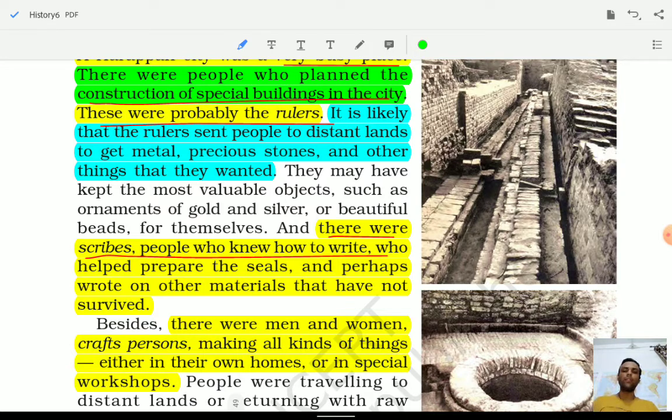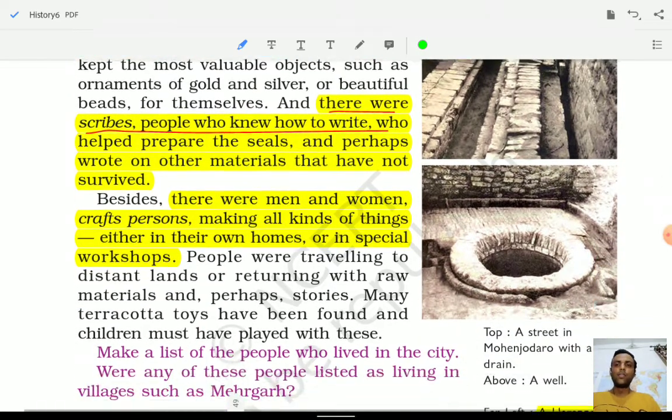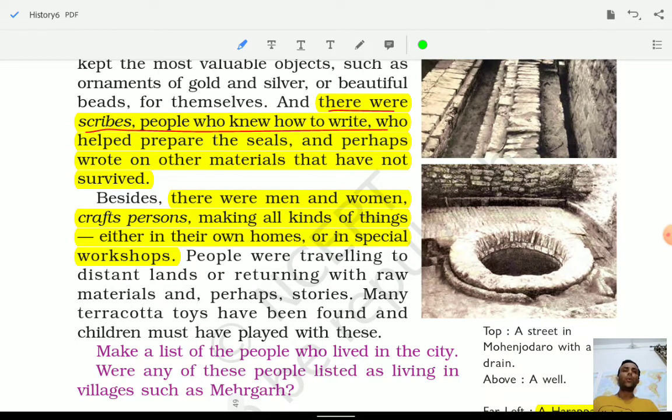If we further understand what type of things they were making out of these precious stones, and what the utility of the metal was, they must have brought it from far distant places, right? For that they must have gone to different places, and they must have been instructed by a ruler, right?